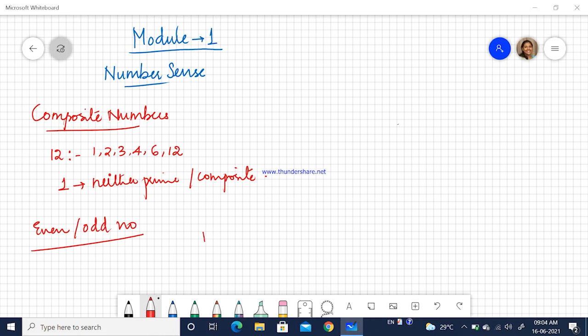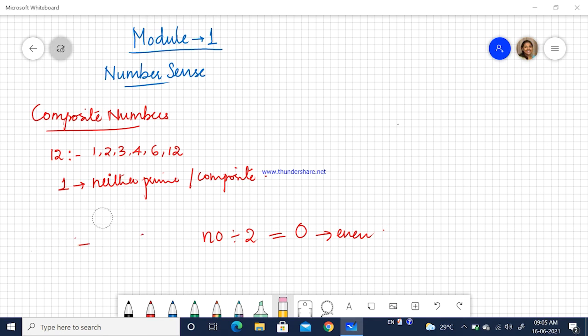So if a number divided by 2 gives remainder 0, then that number is an even number. If it is not divisible by 2, then it is an odd number. So these are the different types of numbers.